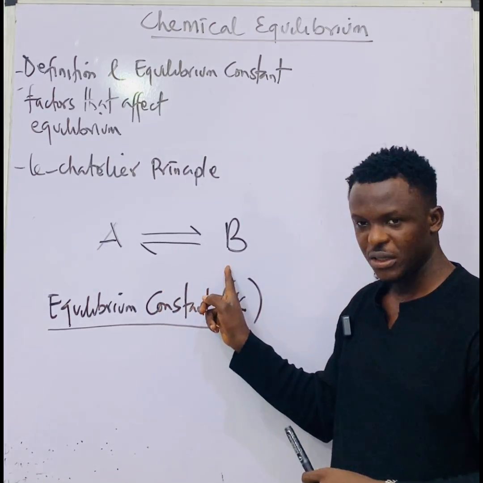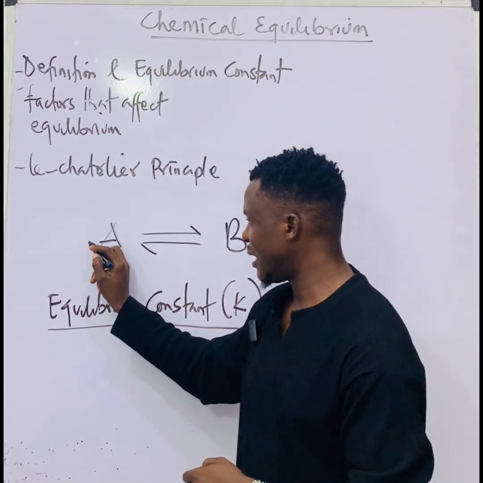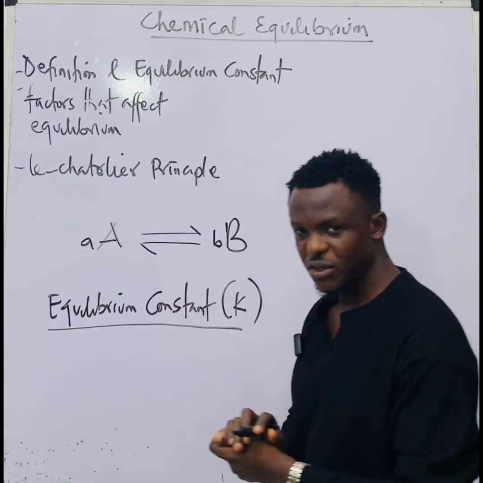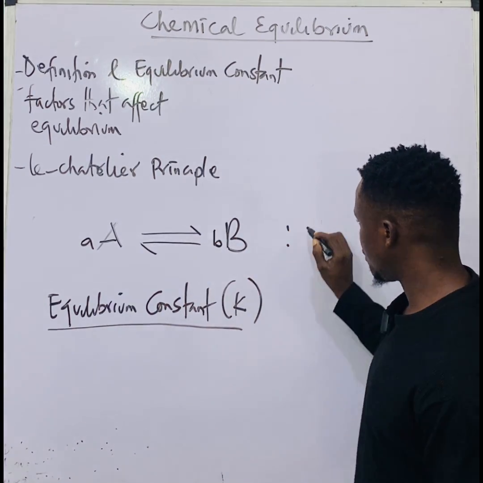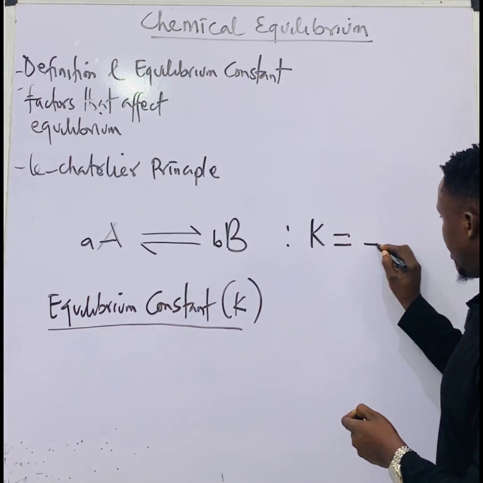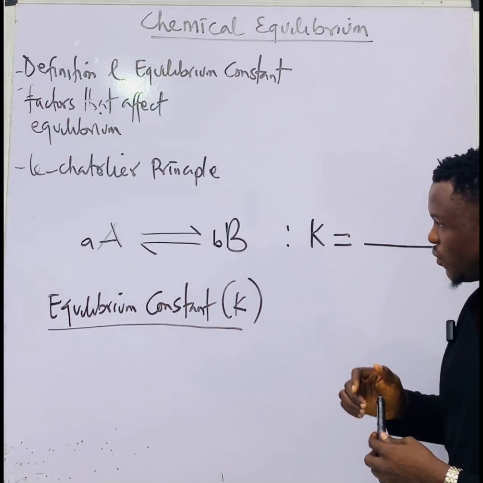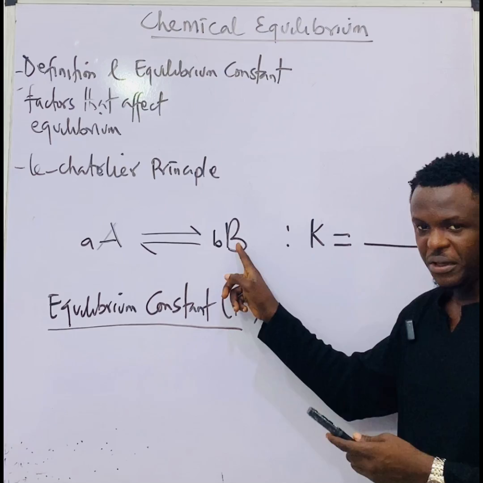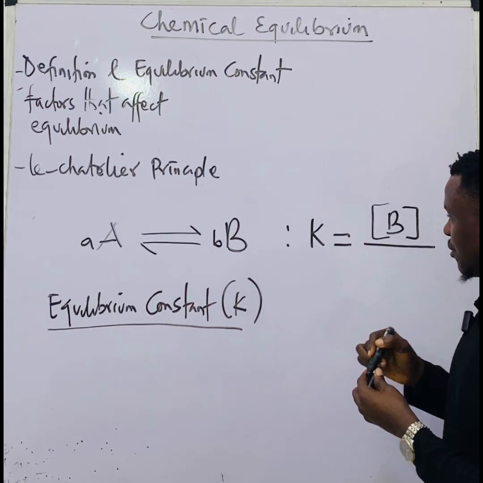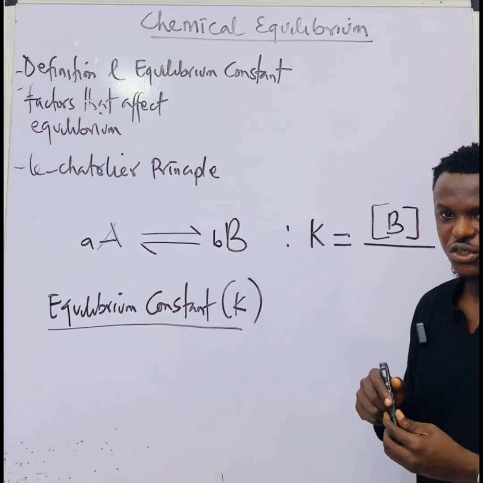So for this reaction, let's say A has a stoichiometric coefficient of a, and B has a stoichiometric coefficient of b. The equilibrium constant for this reaction, K, is equal to the ratio, more or less written like a fraction. So we say the concentration of B, using square brackets, because the square bracket denotes concentration.